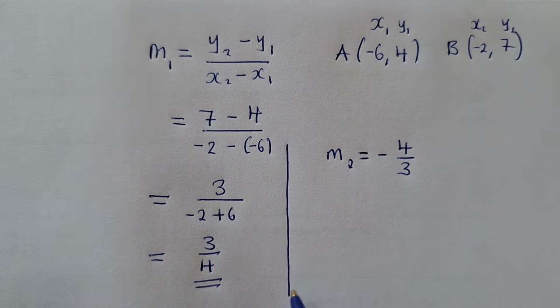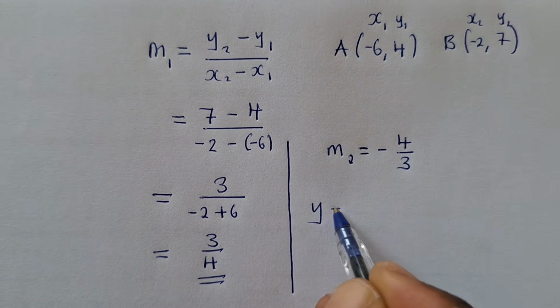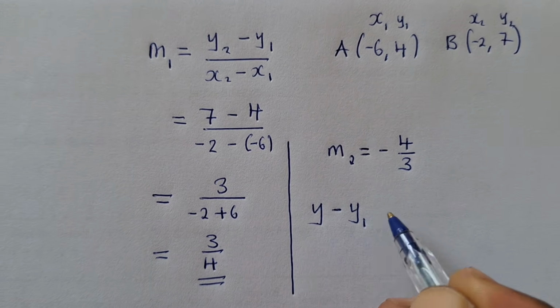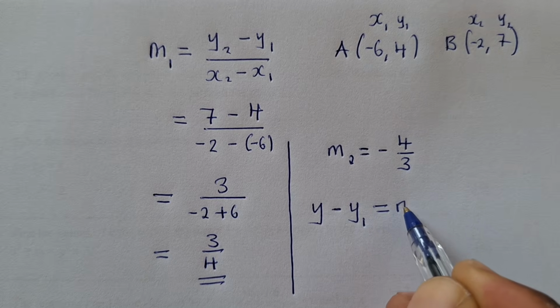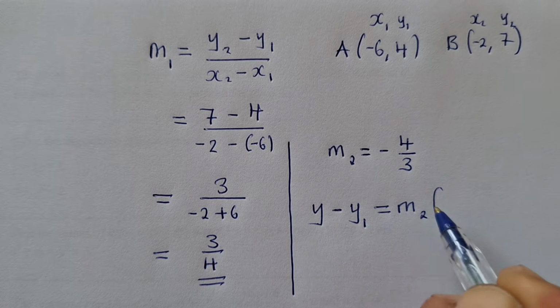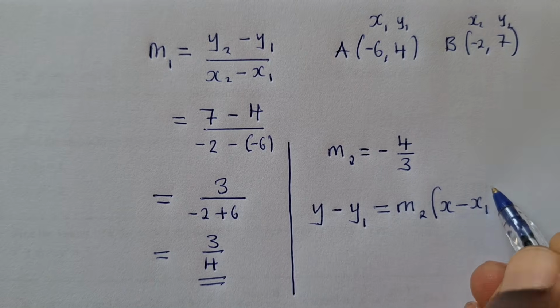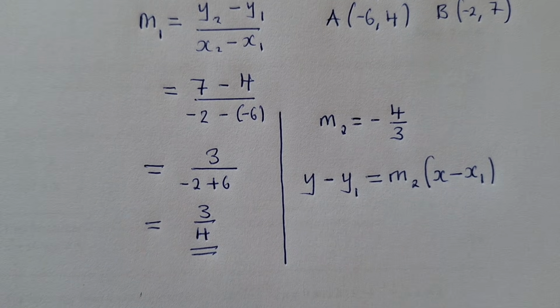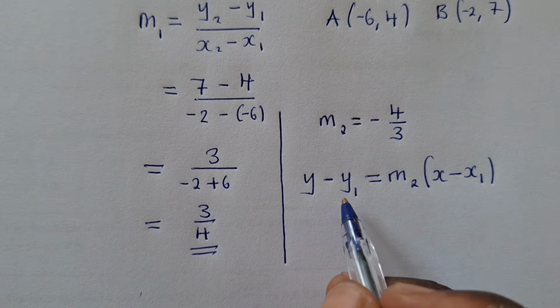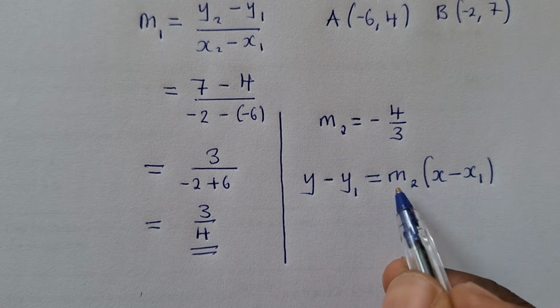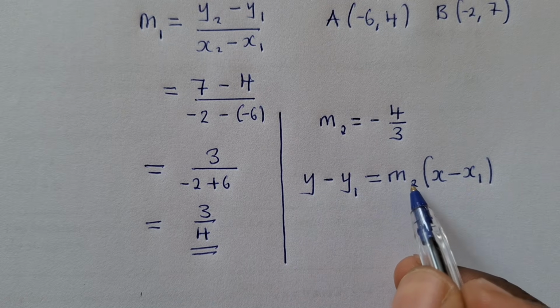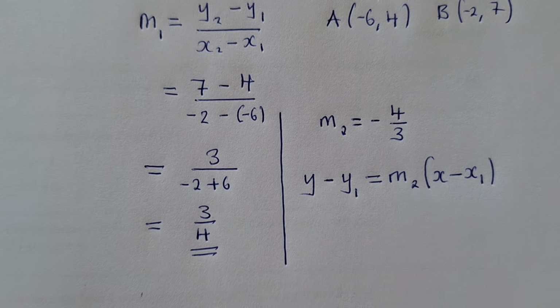Therefore, we shall say y minus y1 is equal to m2, this m2, times x minus x1, like that. So what is our y1, x1, and m2?